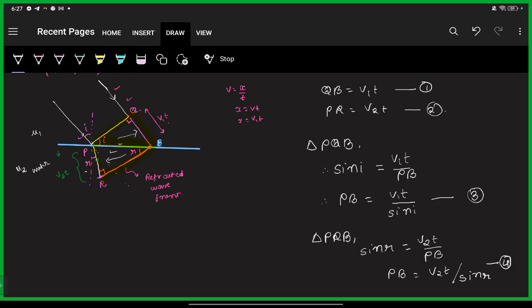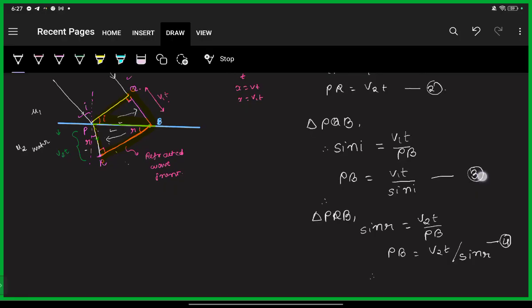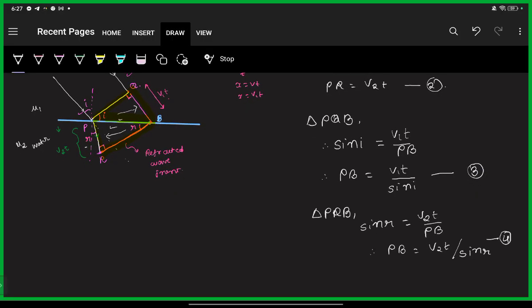So we have two values of PB. We can equate these values, right?